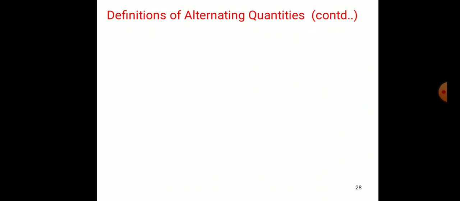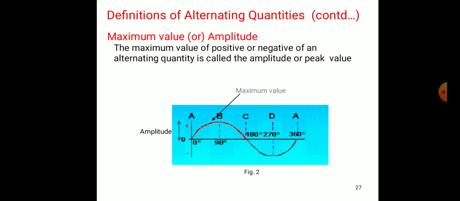Another important quantity is the maximum value, which can also be called the amplitude. The maximum value is the quantity the waveform attains at its maximum within the entire cycle. The maximum value, positive or negative, of an alternating quantity is called the amplitude, peak value or maximum value.